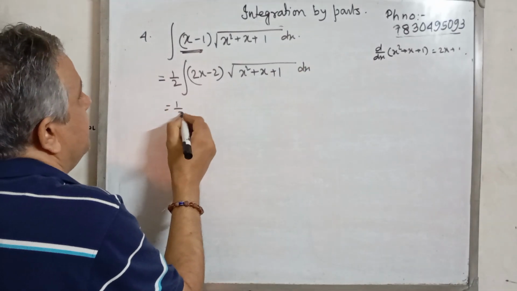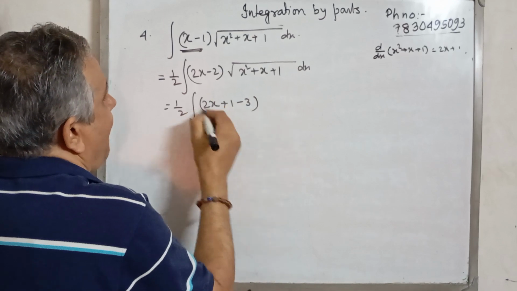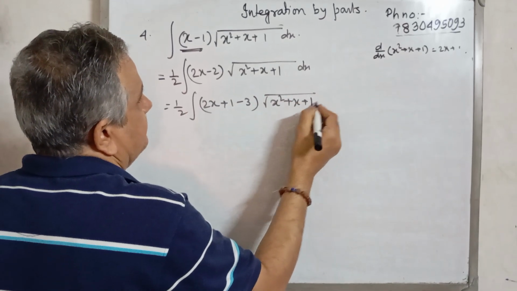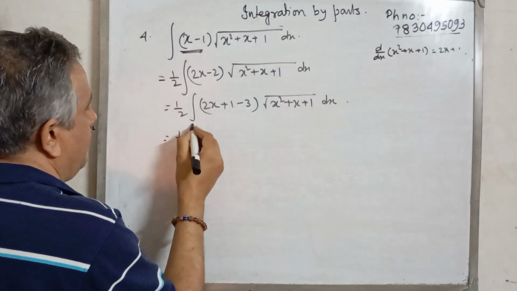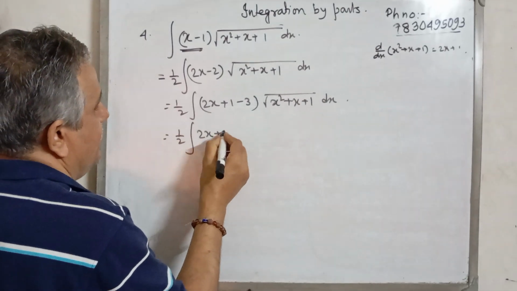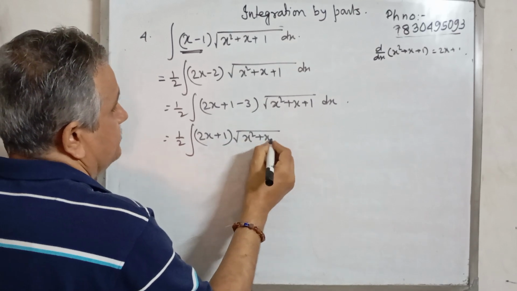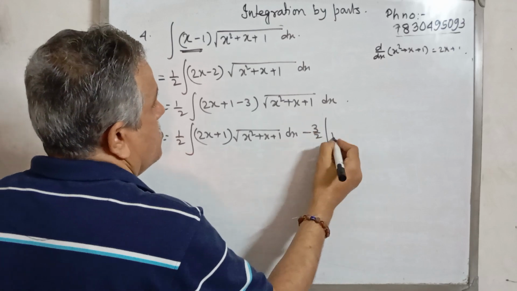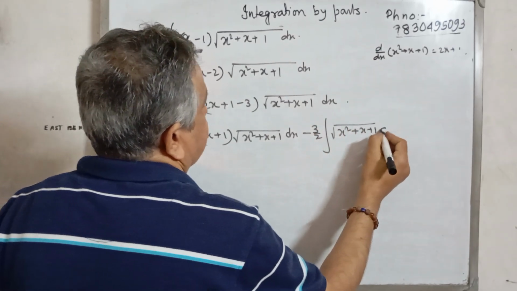Now it can be written as 2x plus 1 minus 3. Now separate. Half 2x plus 1 root over x square plus x plus 1 minus 3 by 2 root over x square plus x plus 1.